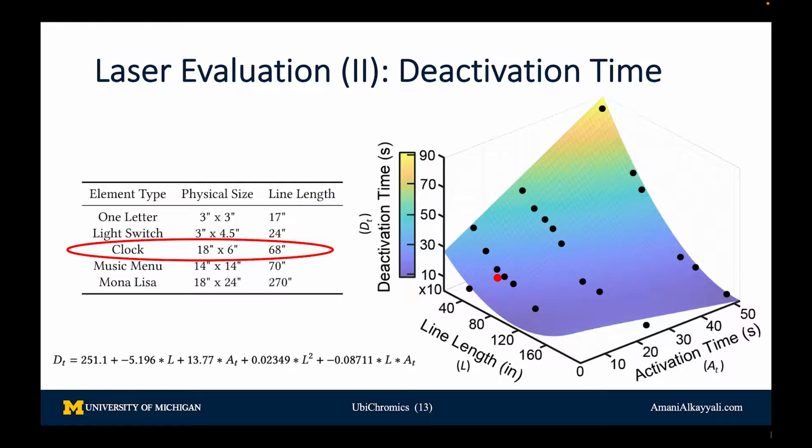So with an activation time of about 6 seconds, we calculated a deactivation time of 53 seconds. So 53 plus 6 seconds is about 59 seconds, about a minute. So once the projection of the clock has faded, it would be time for another projection or an update to the next minute.